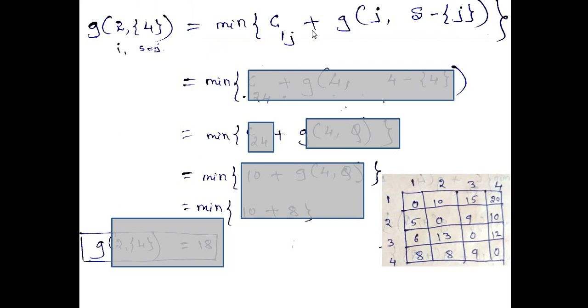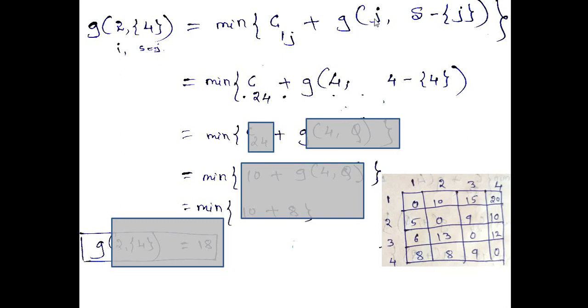Now calculate another one, g(2, 4). You have to calculate g(2, 4): minimum of c(i,j) plus g(j, S minus j). Now substitute these values. I value is 2. J value is 4 because j belongs to S. S value is what? 4. So 2, 4. J value is 4. S value 4 minus J value 4.